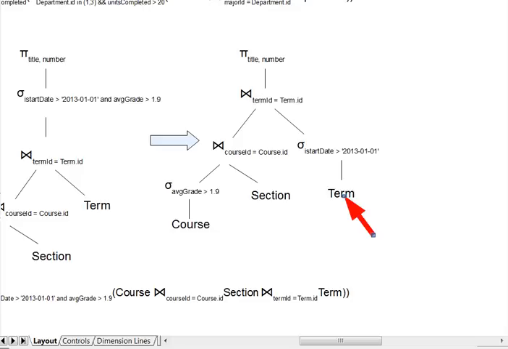Okay, so as a final point, let's look at one more expression tree transformation. As mentioned earlier, a 3-term join of courses, section and term associates left to right. So course joins with section, and then that joins with term.